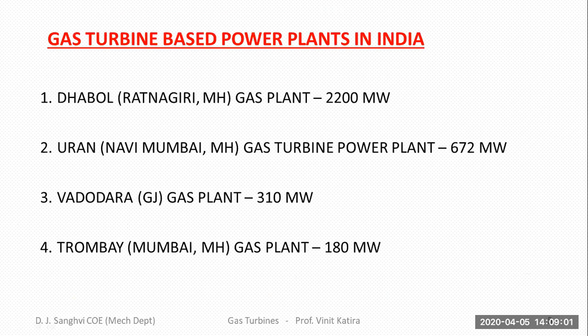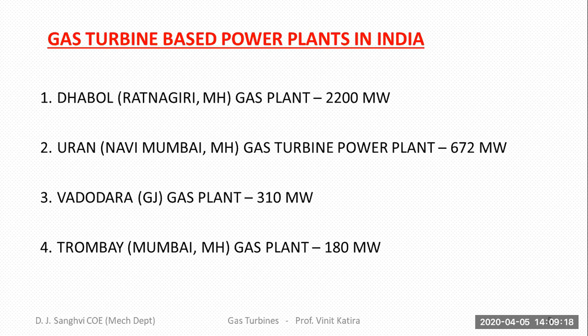Okay, so these are a few examples of gas turbine plants in and around our state of Maharashtra. We have the Dabhol power plant, situated in Ratnagiri, generating around 2200 megawatts.